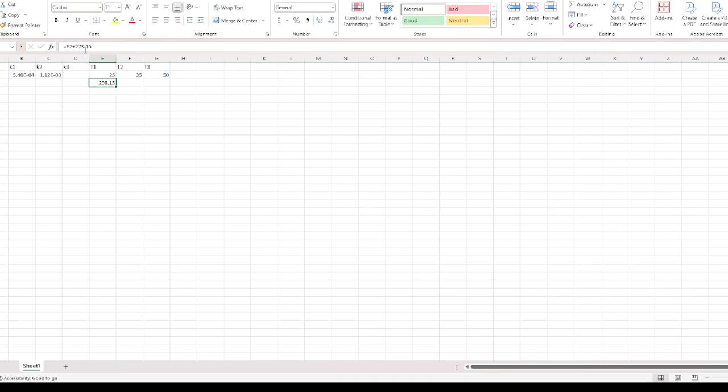Now, the brilliant part is, you notice how in this formula, it's relating to the box, not the number, the box. So it says E2 is equal to E2 plus 273.15.